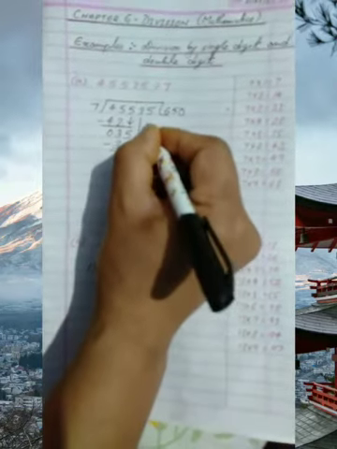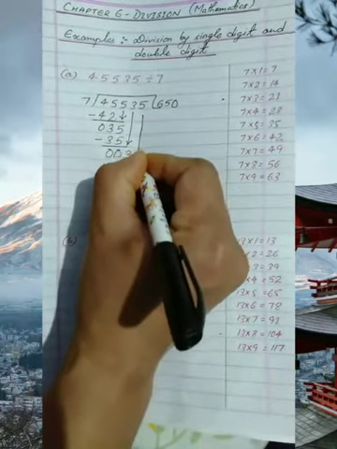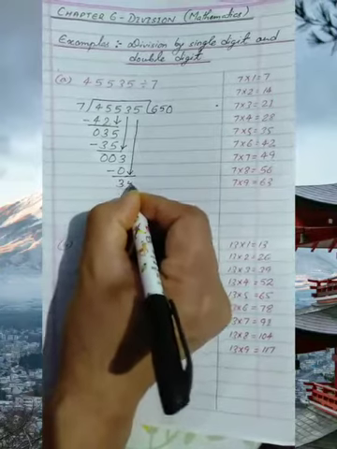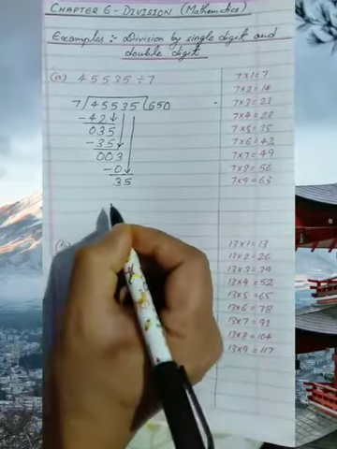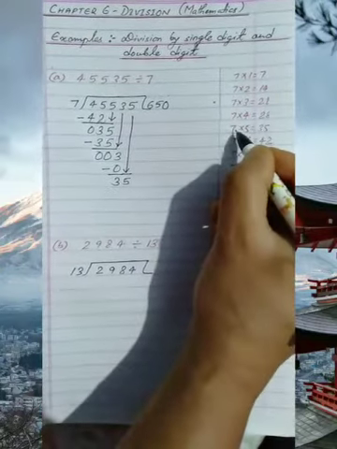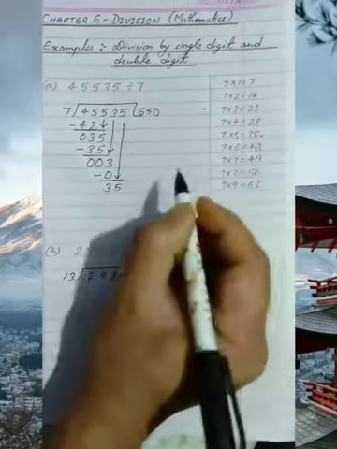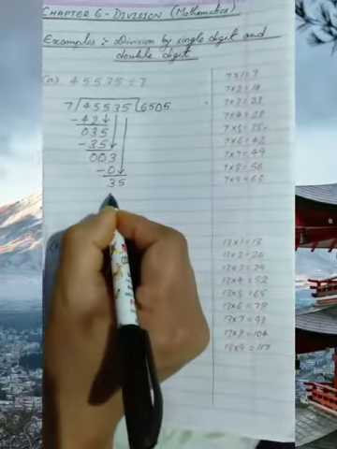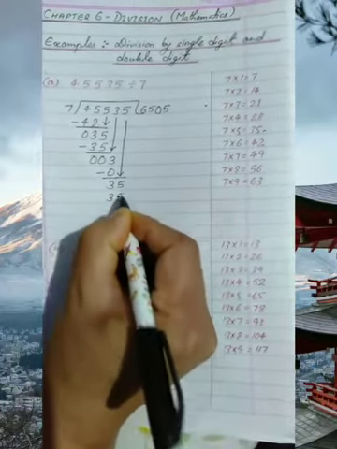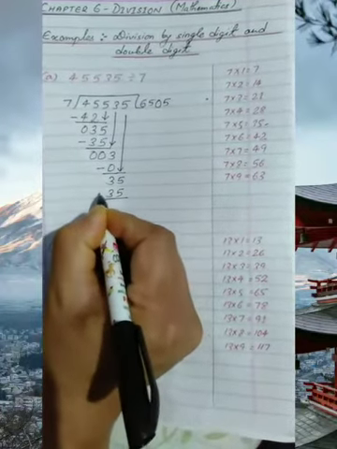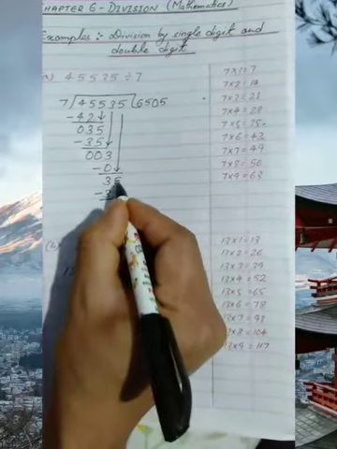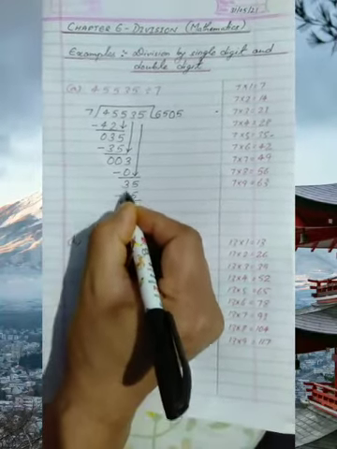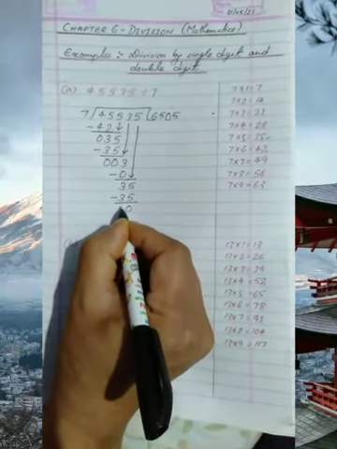Now let's bring down this last number 5 in front of 3. So now again we have 35. Now 35, how many times? 7 5s are 35. So again the 5 will be here and 35 will come here, and again we will draw a line and subtract. So 5 minus 5 will give you 0. 3 minus 3 will give you 0.